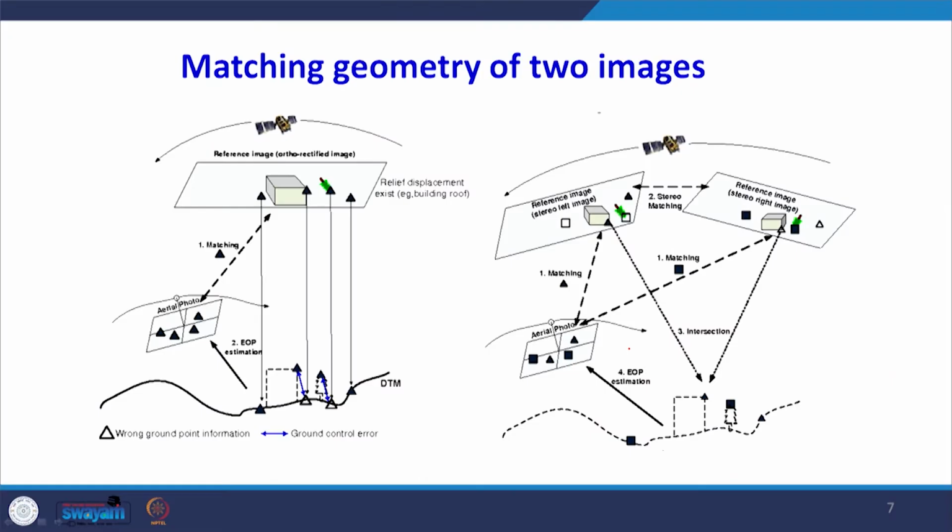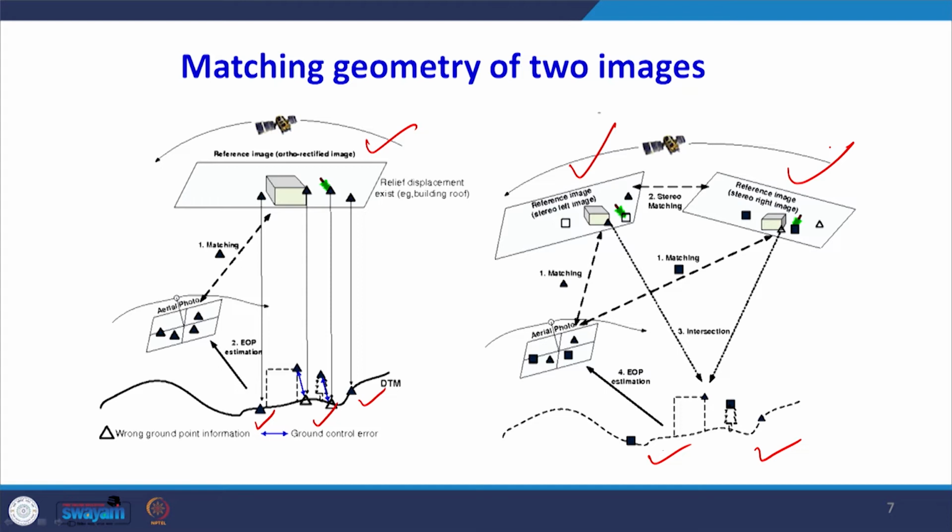Now, this diagram shows that we are using more than one image, two images. Suppose we want to see the stereo model, so their orientation also should be the same, the geometry should be the same. Here there are certain points on the ground, and in the photographs those same points appear in the two successive images. So, we can find out the coordinates of these points.